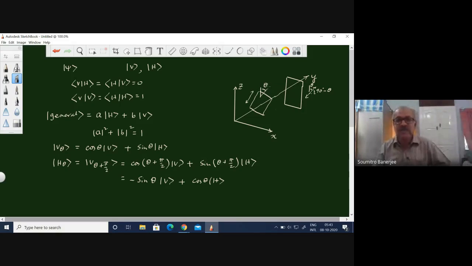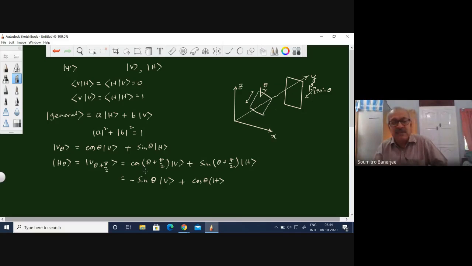So V theta is this one, which can be expressed as a linear combination of the horizontal and the vertical, which is this. And if we want to talk about the horizontal polarization in this direction, if we had made a horizontal polarizer here in this direction, then that will result in a state like this.